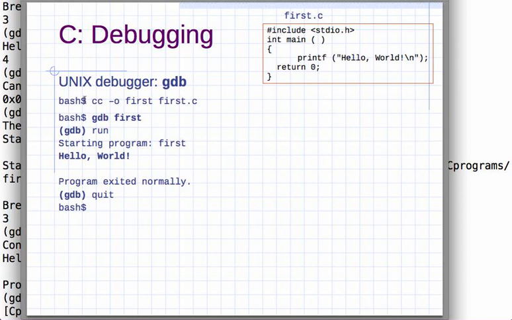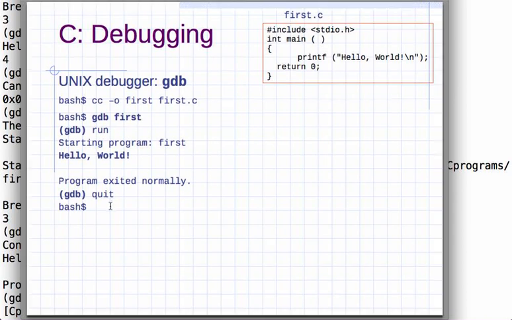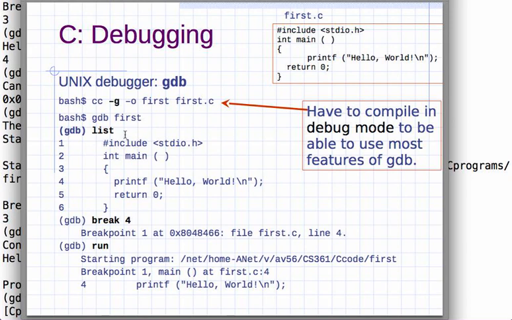So you can say cc -o without the -g flag, and then you can run it. You can say GDB first and run it. It'll execute, and then you can quit. That's fine. But to really be able to use GDB, you have to have that -g flag. So you have to compile in debug mode to be able to use most of the features of GDB.